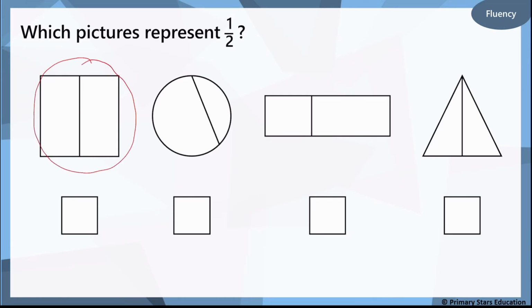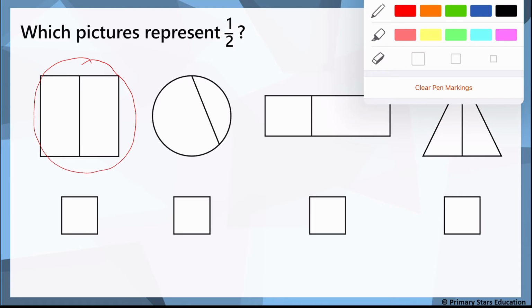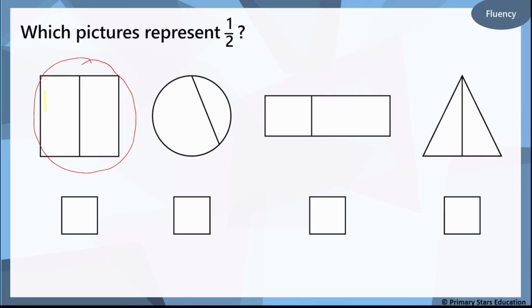Do you think if I was to colour in this part, is that a half? Thumbs up, yes. Arms folded, no. Well done if you have your thumbs up. It is a half, isn't it? Because there are 2 equal parts which make a whole.